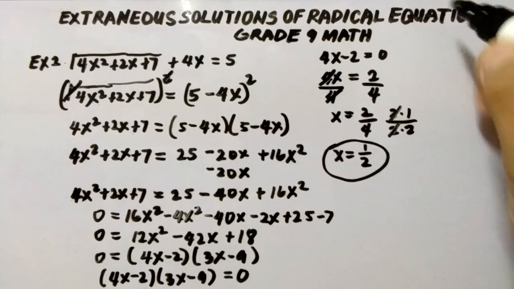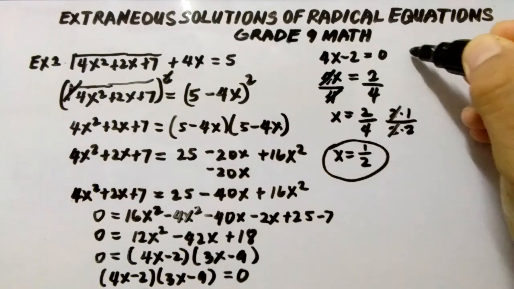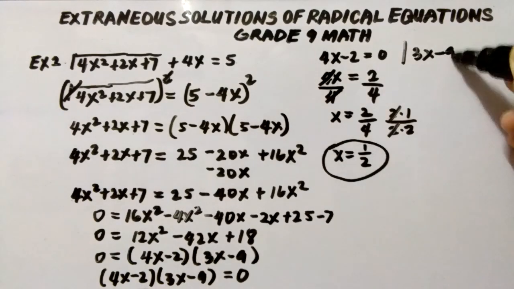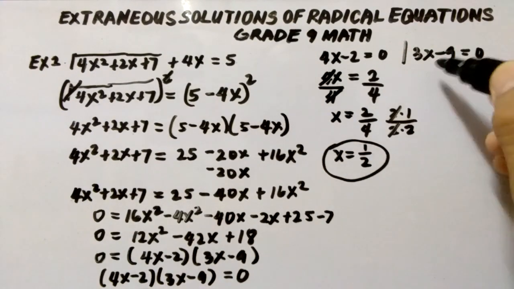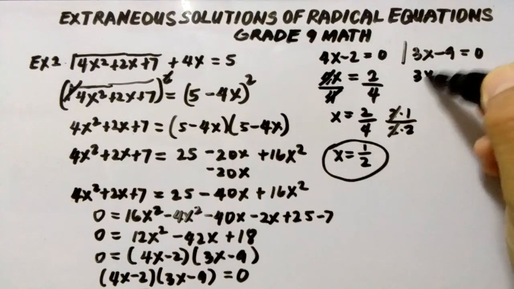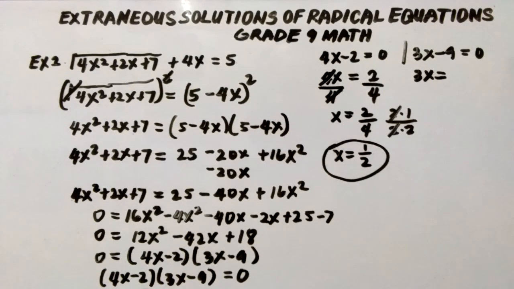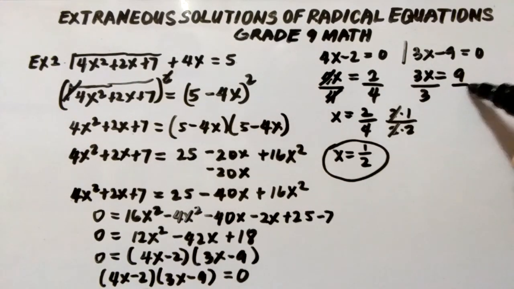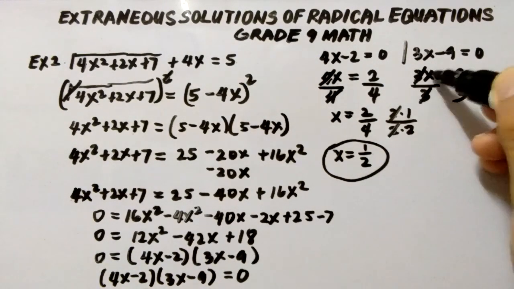Then, kunin po natin yung pangalawang value ng x. 3x minus 9 is equals to 0. So we have 3x is equals to, so negative 9 transposed to the right side becomes positive 9. Then, divide both sides of the equation by 3. Cancelled, cancelled.